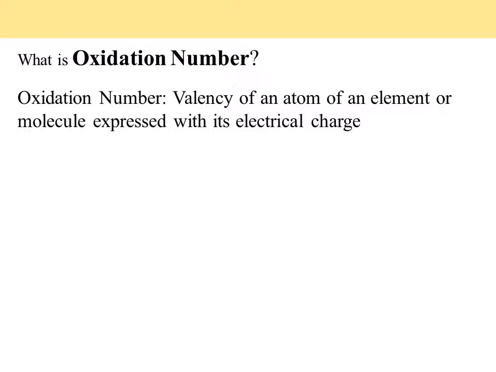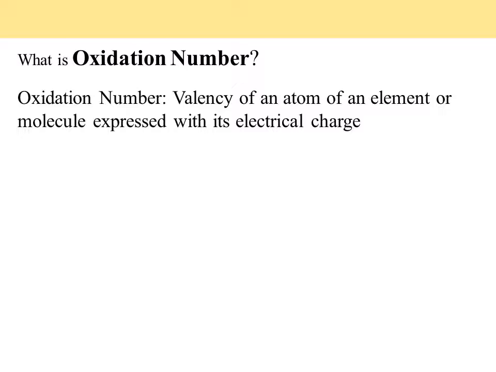In valency, if you remember the definition, it is basically a count in numbers, a quantitative figure. If I say the valency of hydrogen or chlorine is 1, of calcium it's 2, or of phosphorus or nitrogen it's 3, then these numbers 1, 2, 3 represent the quantity.